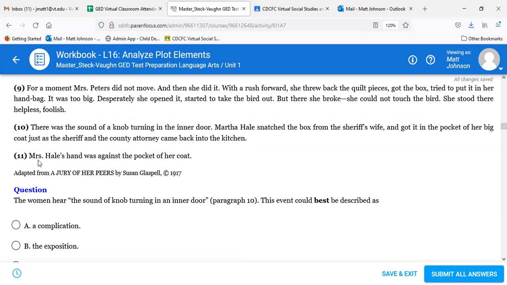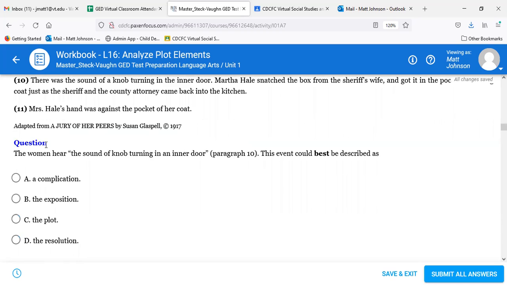Paragraph 10. This event could best be described as A, complication. B, exposition. C, the plot. D, the revolution.